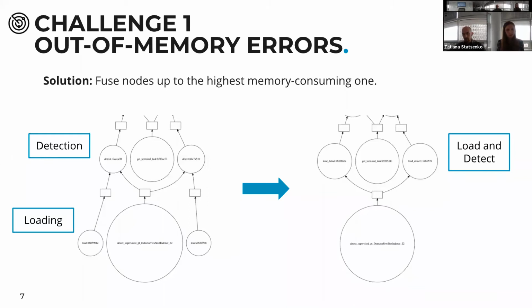And in this particular example, we merged the loading and the detection nodes into a single one, named load and detect. This way, we not only facilitate the depth first processing for Dask, but we also can have this constant memory load for such batch processes.